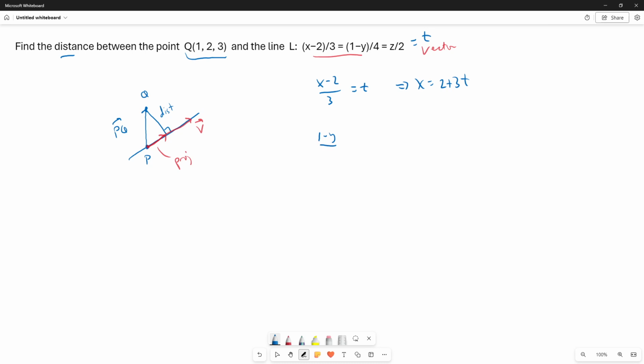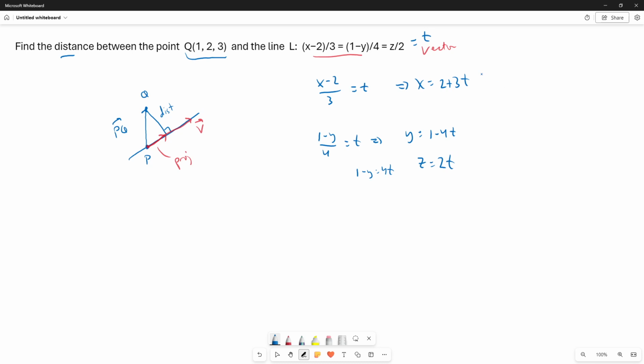And (1 minus y) over 4 is equal to t means that 1 minus y is equal to 4t, and so y is equal to 1 minus 4t.